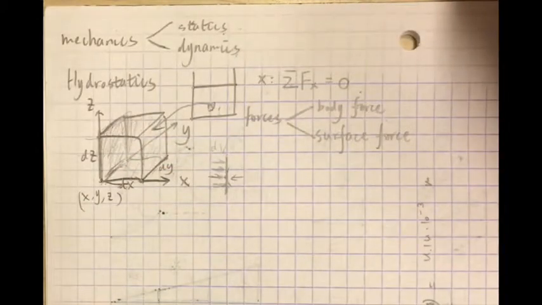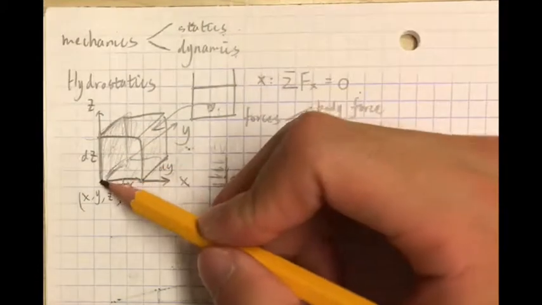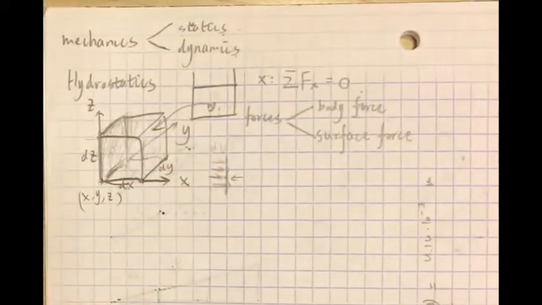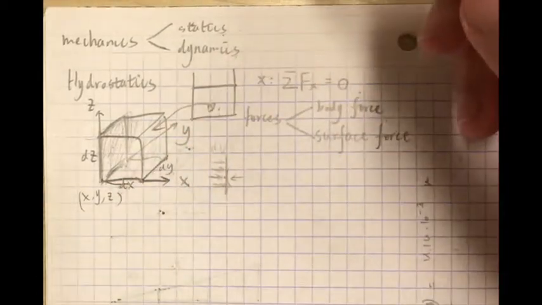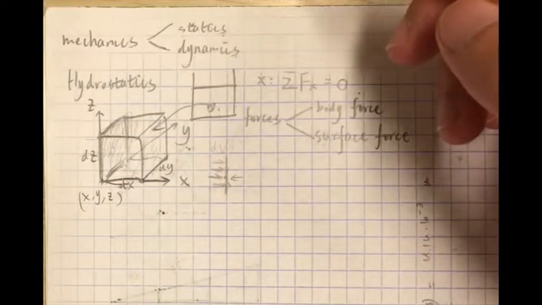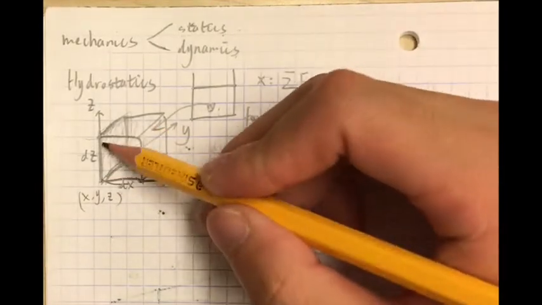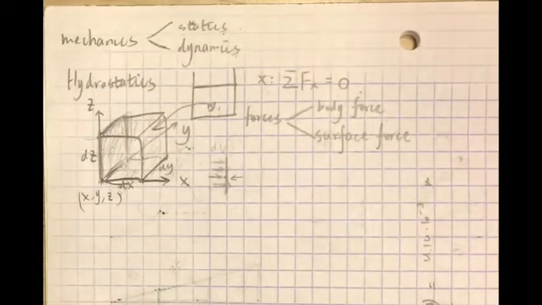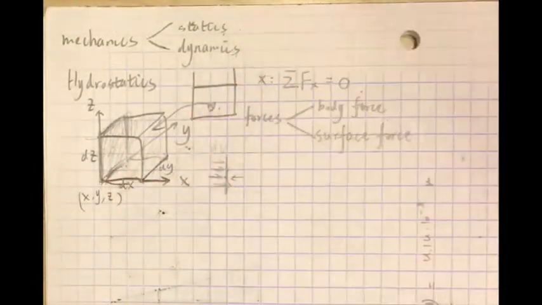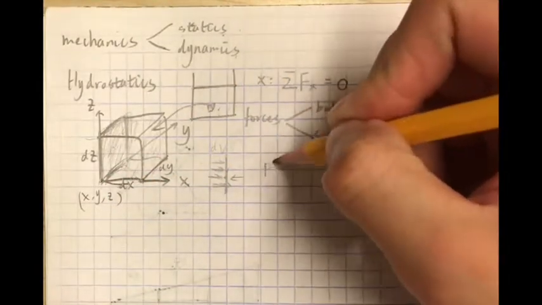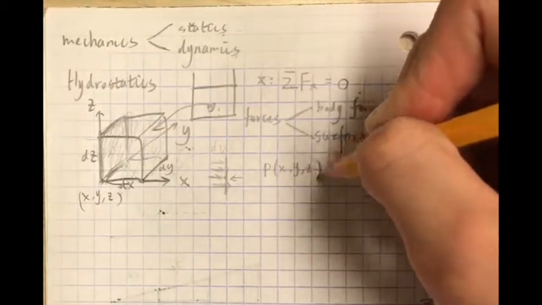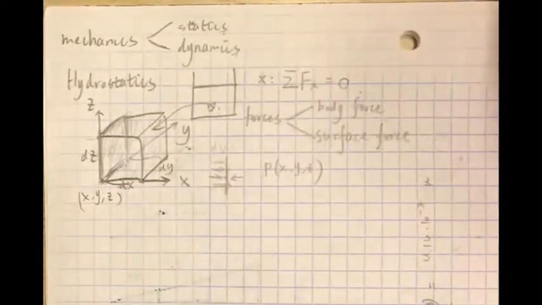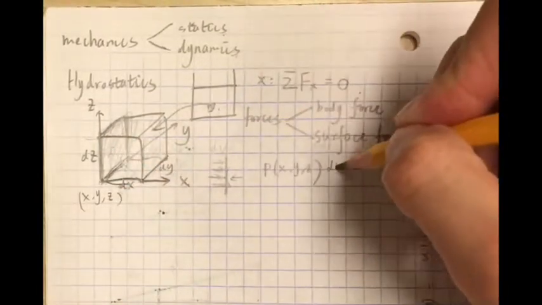So we might as well choose a representative, this x y z point on the left side. So the force resulting from pressure acting on the left side will be the representative pressure, the pressure at x y z, times the whole area, which is dy dz.